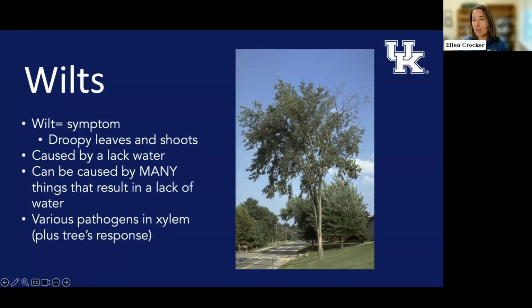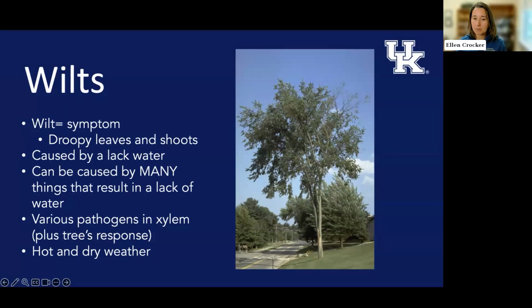That could be a lot of different things, and many times it's made worse by hot and dry weather. So if you do have a pathogen that's in there clogging up the xylem, maybe when the tree has enough water to spare, it's not a big deal. But if you do get hot and dry weather, you can see the trigger of those symptoms. And that's a huge issue for the tree.